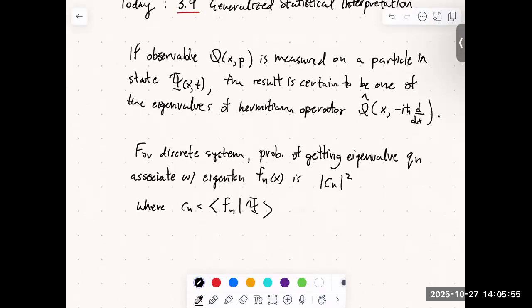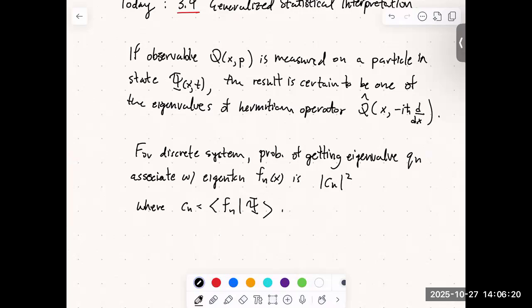So if we have a state psi, it could be written as a superposition of the eigenfunctions Fn, and if you take the absolute square of the coefficients in front of the expansion of psi, you get the probability that a measurement will return the eigenvalue of this eigenfunction.